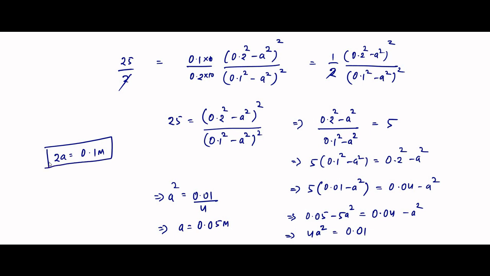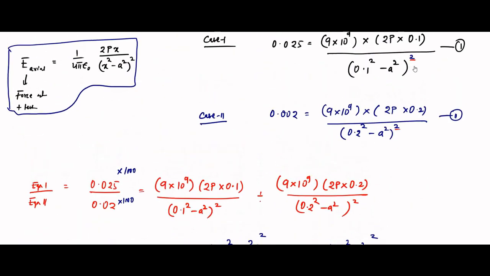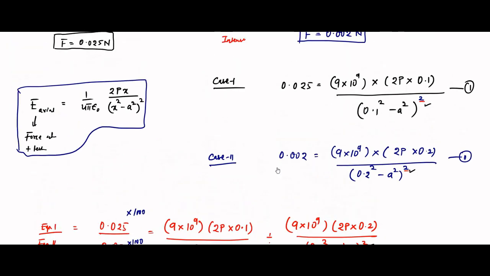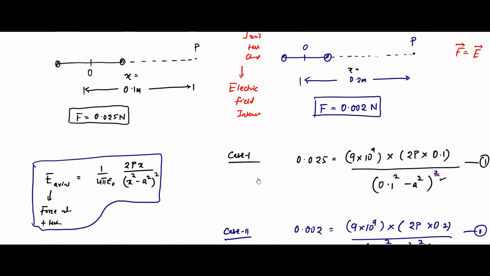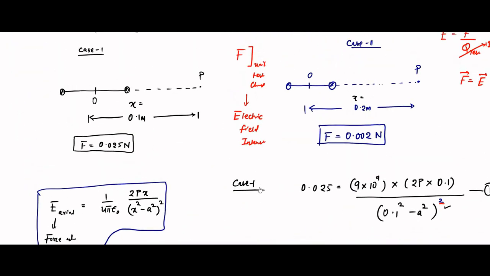Again I am repeating, here I missed to put the squares, so I have rectified my mistake. I have put the squares in the denominator, and then we got the result. So it is a simple application of the electric field intensity along the axial line.